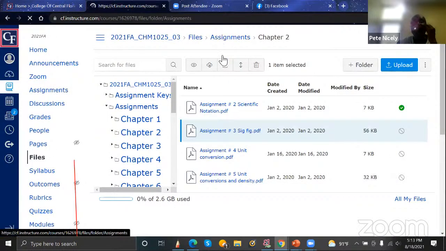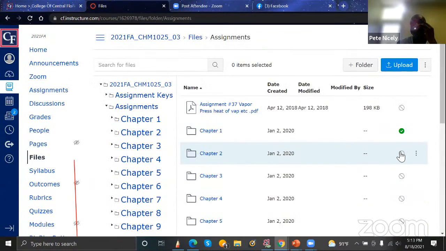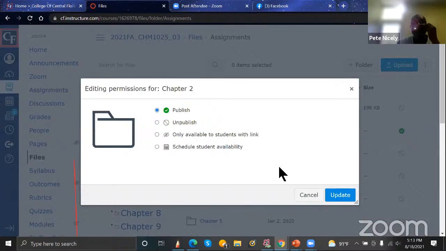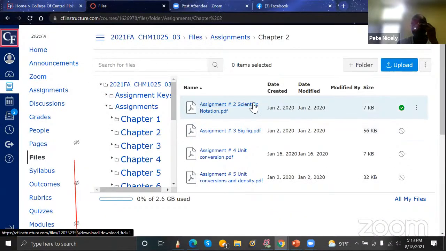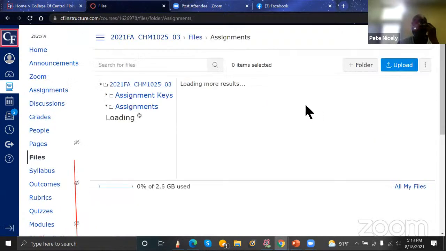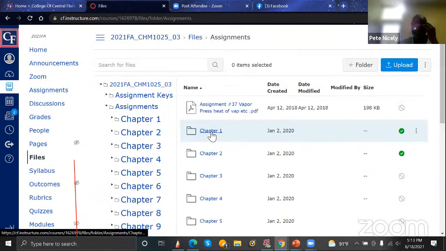I'm going to open up the folder for chapter 2, but there's only one assignment that you'll be doing in chapter 2, and that's assignment number 2, scientific notation. So there will be 2 assignments for you to complete by Monday: assignments 1 and 2. Assignment 1 is in chapter 1 and assignment 2 is in chapter 2. After this, I'm going to open up the portal for you to upload those assignments into Canvas so that I can grade them.